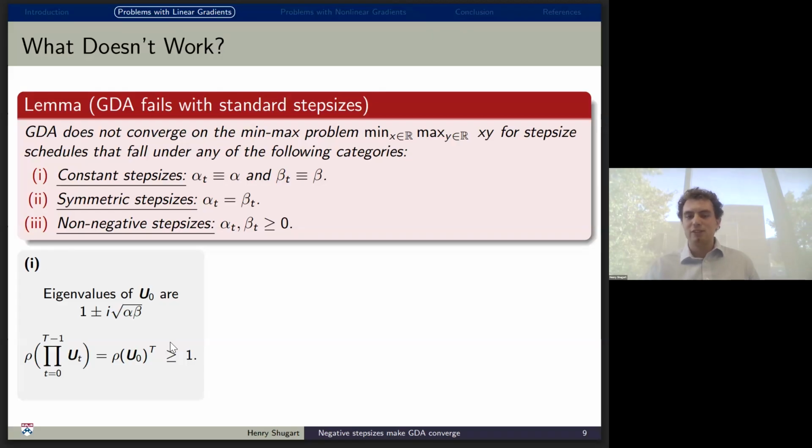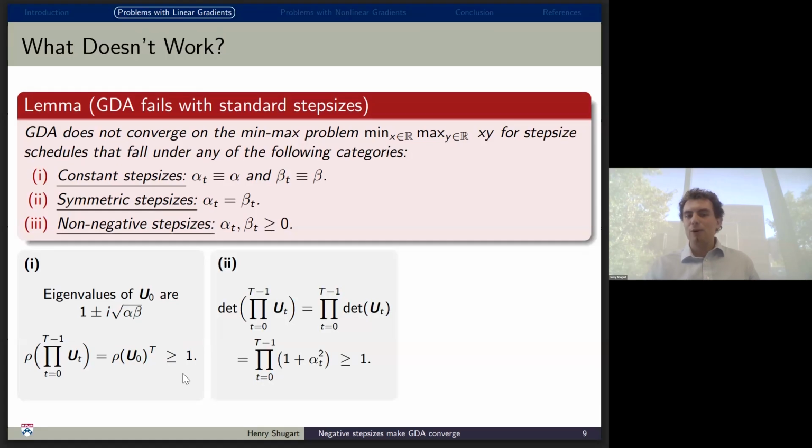Of course, no matter what alpha and beta are, one of these 2 eigenvalues is going to have a magnitude greater than 1. And therefore, the spectral radius of the update matrix is going to be greater than 1, and so you can't converge.